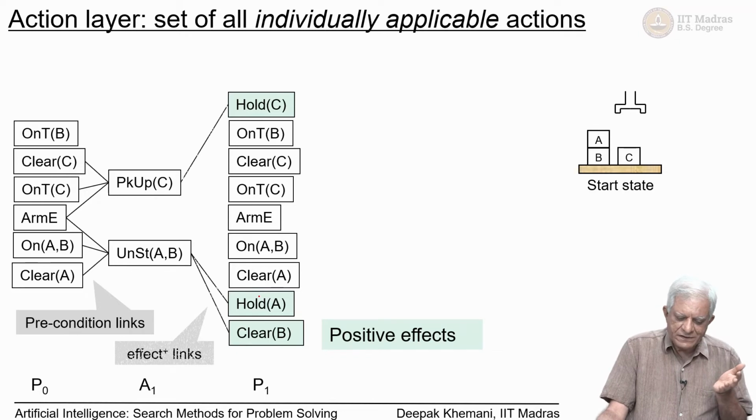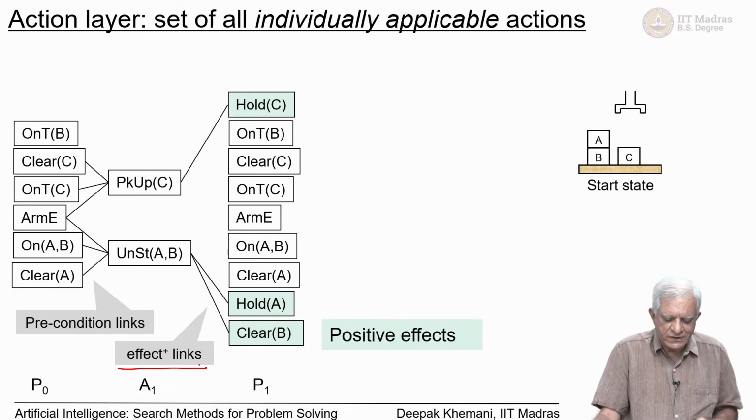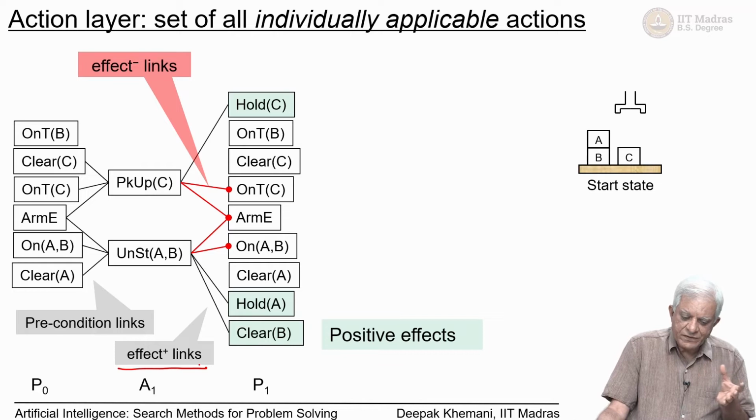And then finally, the positive effects are shown by effects positive links here, which are shown in these black lines here. Finally, we have the negative effect links, which say that these predicates are being deleted.